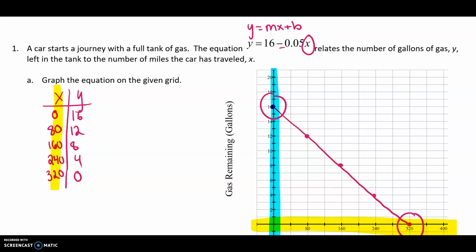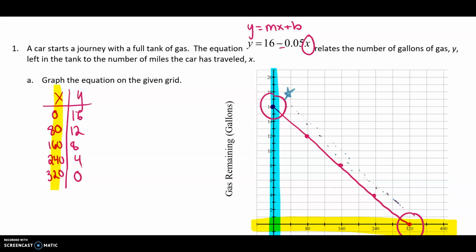Remembering the context, you're driving and you start with 16 gallons right here. Then as you're driving some miles, here you're at 160 miles, then you're at 240 miles. What's happening to your gas as your time and distance are going up? Well, your gas is going down as your miles are going up.